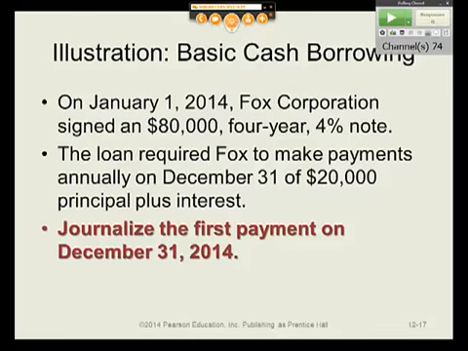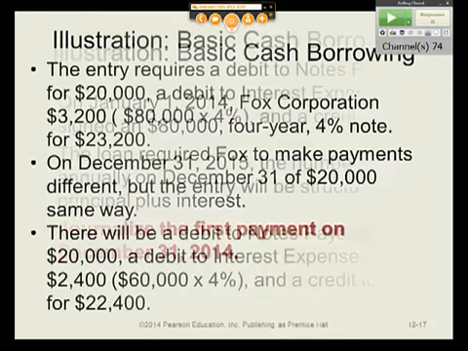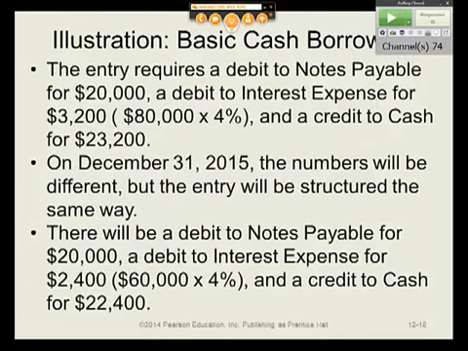It's a principal payment only. So if you look at the calculations, in the first year for the $80,000 note, the interest is going to be 4% of 80, or $3,200. The principal pay down is 20, and the total payment is 23.2.